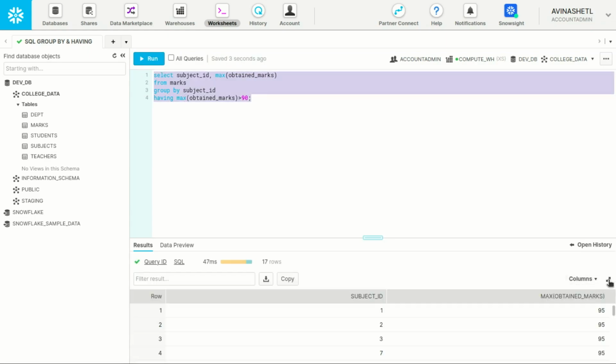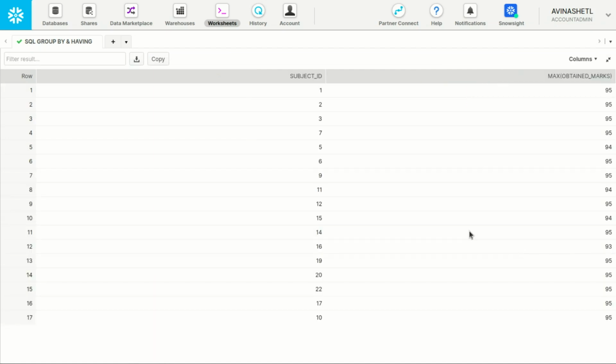This is the result. We have subject ID and max obtained marks, and we have restricted groups only for those subjects where the maximum obtained marks are more than 90.